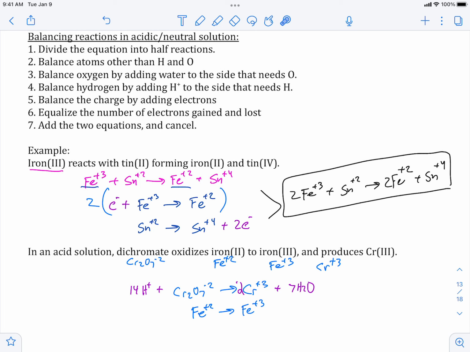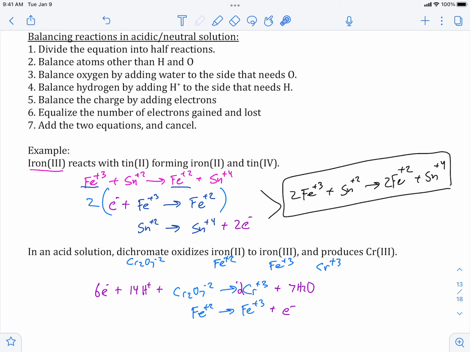So to make +6 and +12 equal, we're going to add 6 electrons to that side. Okay, and for the second half reaction here, +2 ends up forming +3. I am going to need to add 1 electron here. Now both sides have the same charge.